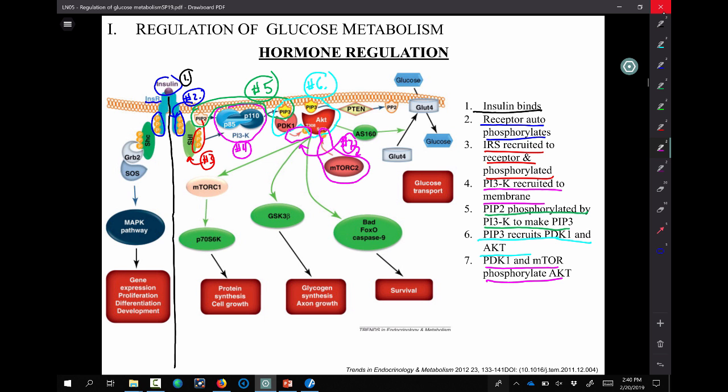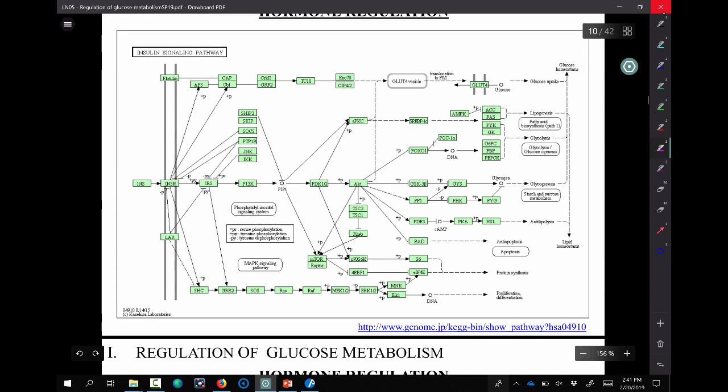So this happens to be mTOR-C2. Now, once AKT is phosphorylated, it does stuff. And we're going to leave it at that, because AKT then will go out into the cell and there'll be lots of targets for AKT and what it's going to do. There's different phosphorylation sites on AKT, one phosphorylated by PDK1 and one phosphorylated by mTOR. Now, when I say stuff, let me show you.